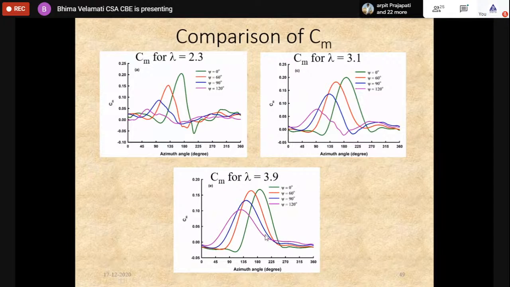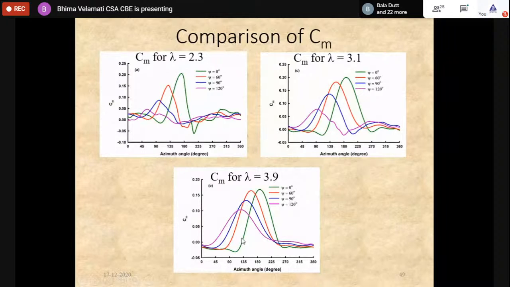If you want to compare tip speed ratios, it will be easy to understand: 2.3, 3.1, 2.9. You can very clearly see that as the helix angle increases, 0 is for straight blade, then 60, 90, 120, the base would increase.